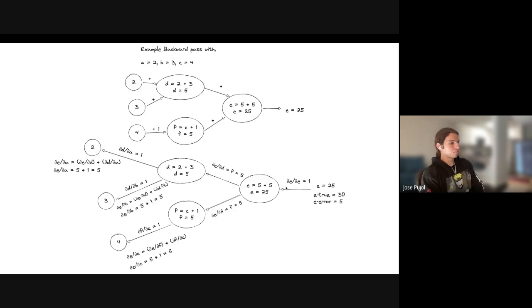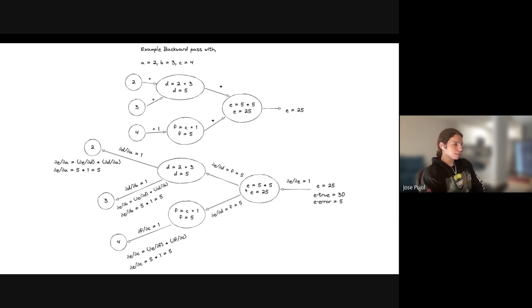But first, you want to know what is the change in the final output E with respect to E? Well, it's just going to be 1, because a derivative dx over dx is just 1. Essentially saying the rate of change with respect to yourself is constant.